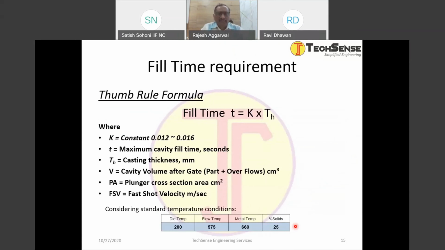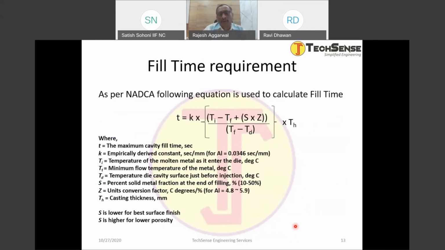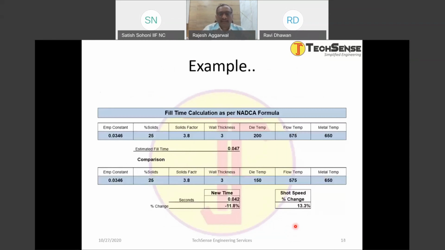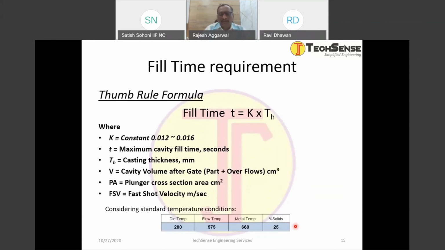Now, we can simplify this formula by using a thumb rule, where we can say the fill time required is equal to K into TH. If you go back to the formula over here, you can see the major variables are only the temperature and the thickness. So if we put all these variables together as a constant K, it can vary from 0.012 to 0.016 for different alloys.